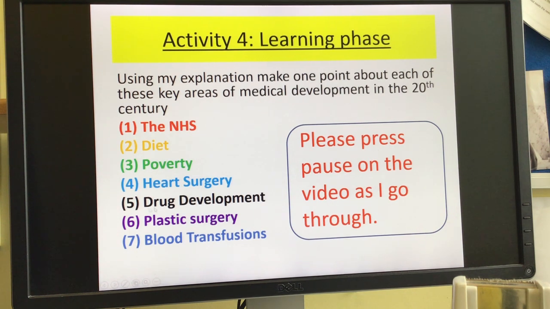We're going to move on to plastic surgery next, in a slightly different order again. During World War One, it was basically attempted. Someone called Harold Gillies, who was based in London, was an army doctor, and he was leading the development of plastic surgery.